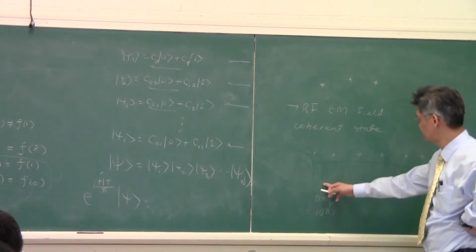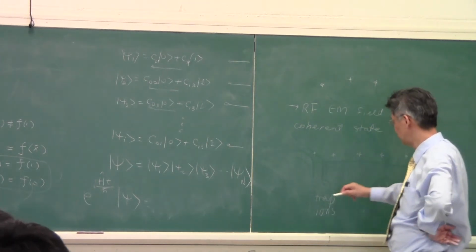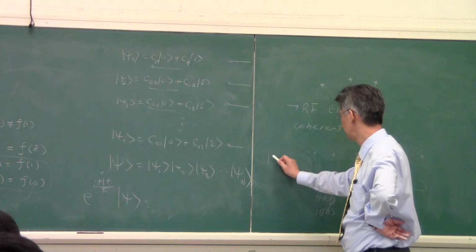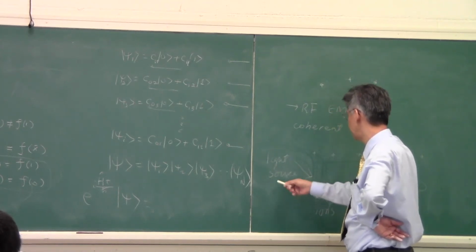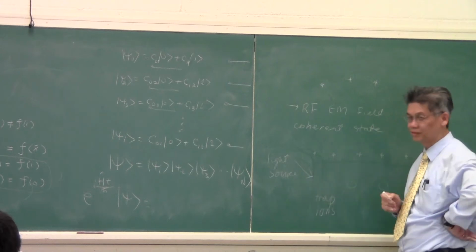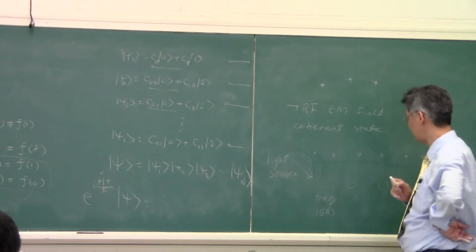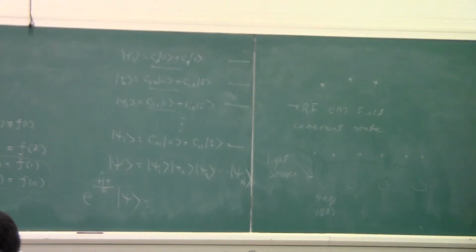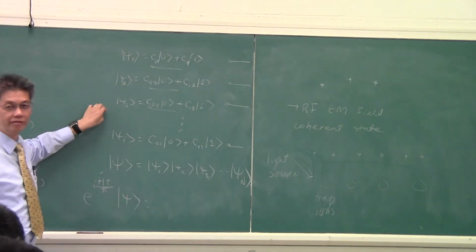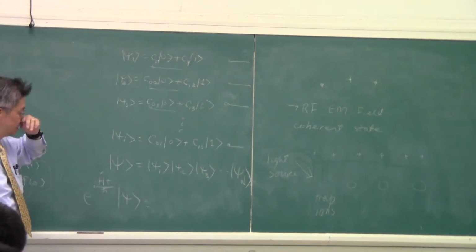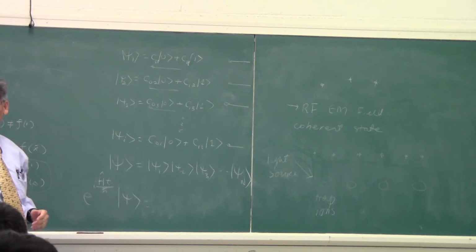And how do I get all these spins to be coherent with respect to each other? What they do is use a light source. They excite those spins with the light source, and if this light source is a coherent light source, you can get all these trapped ions to be coherent with respect to each other. And when they get them to evolve, they evolve as a coherent quantum state.